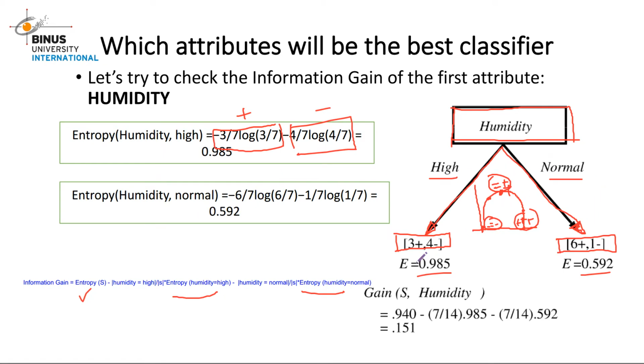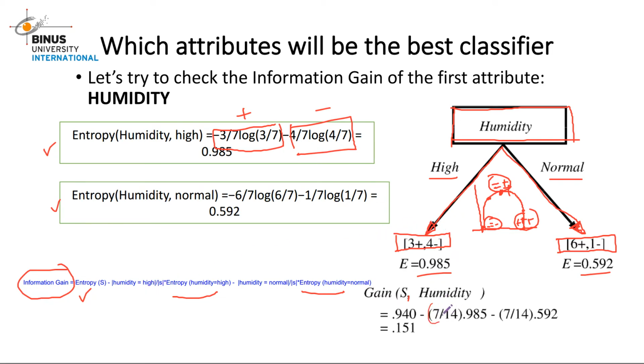Okay, and then after we have the entropy of the subsets and the entropy of the whole set, we can calculate the information gain. Information gain of S on attribute humidity equals the entropy of the whole set S, minus 7 out of 14. Why 7? Because when the humidity is high, this is 7.